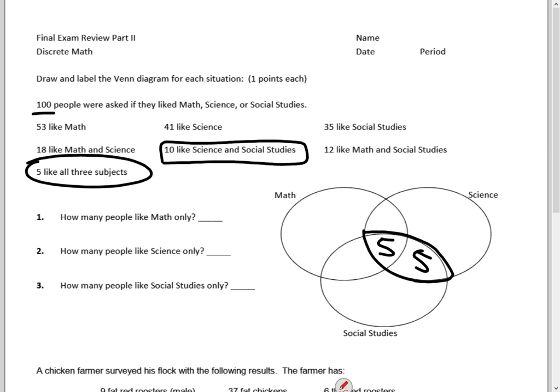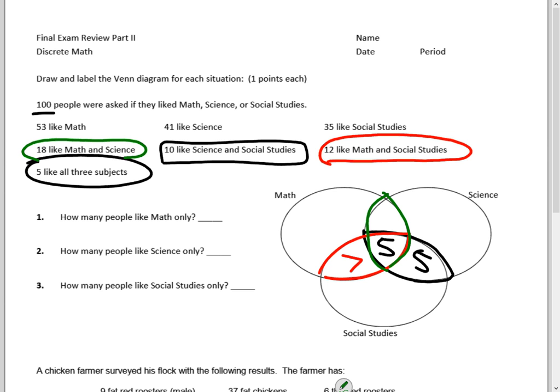Then I look at another football shape. That time it's math and social studies. I need 12, but how many are already in there? And the same goes for the intersection between math and science. I need 18. I need 13 more. Then I start looking at the bigger groups.